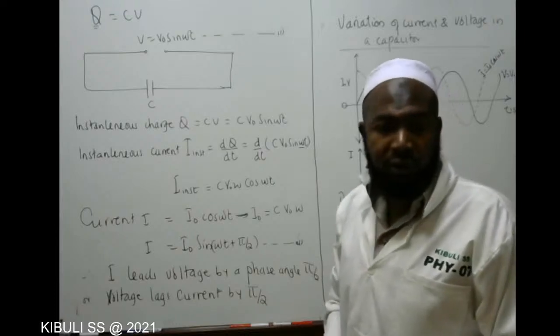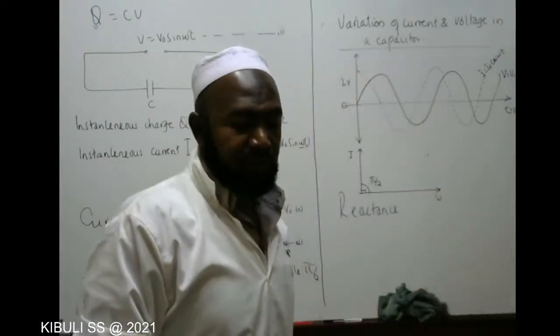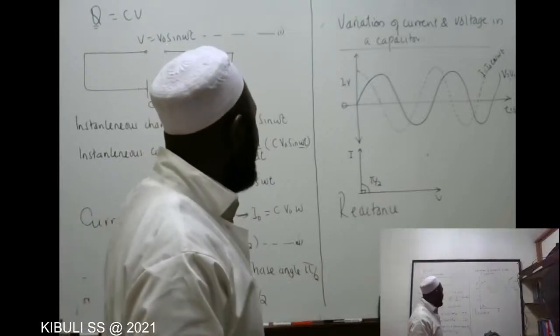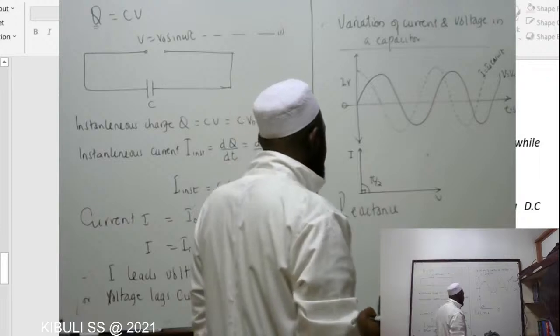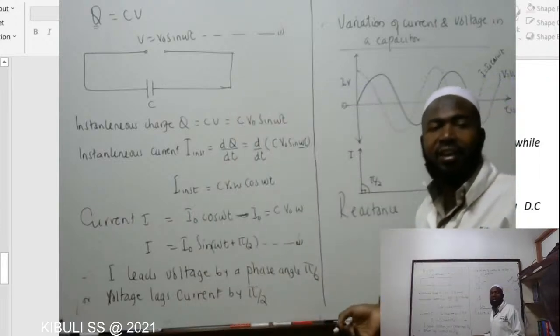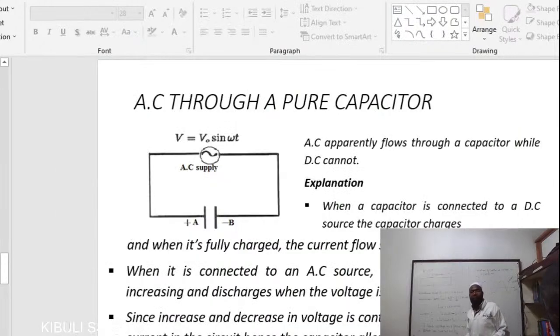Then there is what we call reactance. We said reactance is the non-resistive opposition to the flow of current in either an inductor or a capacitor. Now, if it is specifically for a capacitor, there is what we call capacitive reactance.